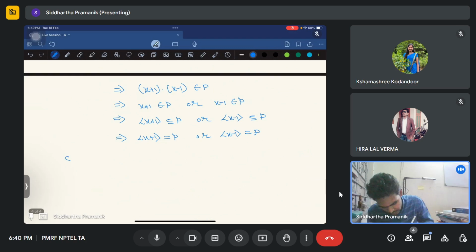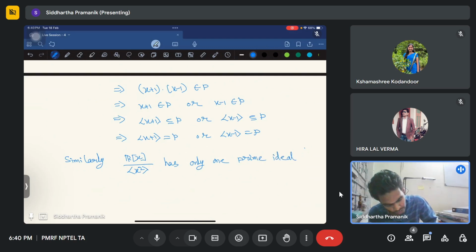So similarly, R[x] mod x^2 has only one prime ideal, which is the ideal generated by x modulo the ideal generated by x^2.